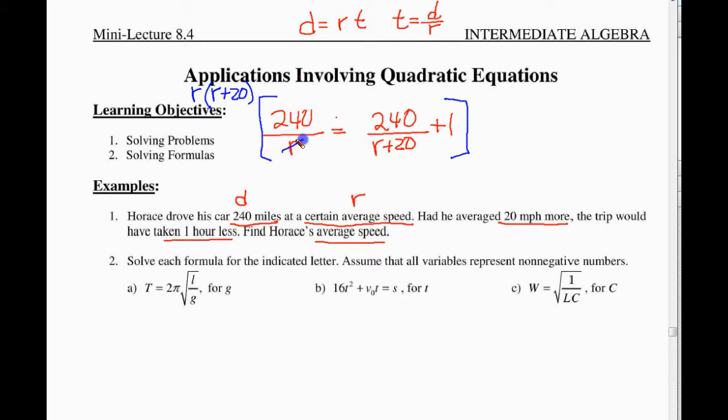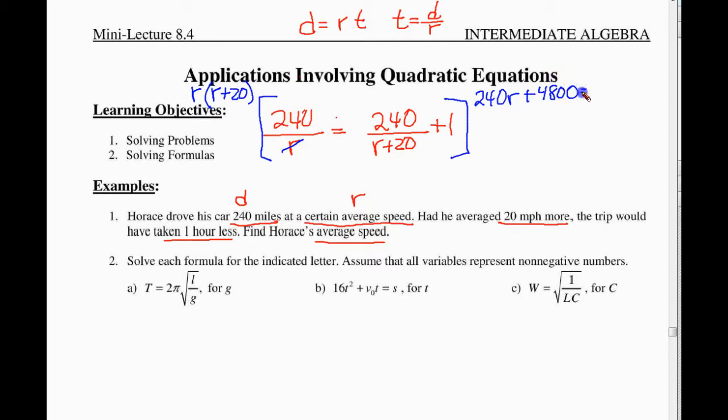So r will go into this r and cancel this out, and then I get this. 240r plus 20 times this is plus 4,800. I'm just multiplying. I canceled out the r, and now I'm multiplying r times this and 20 times this.